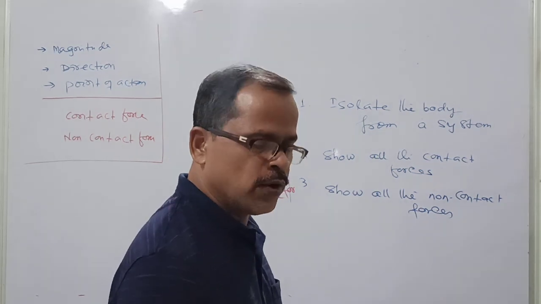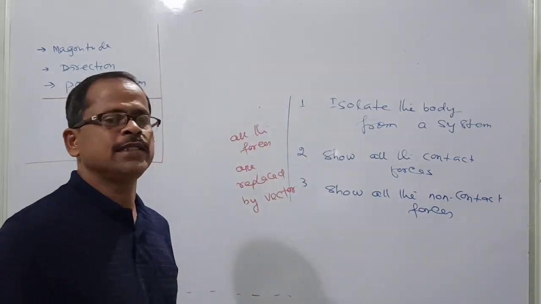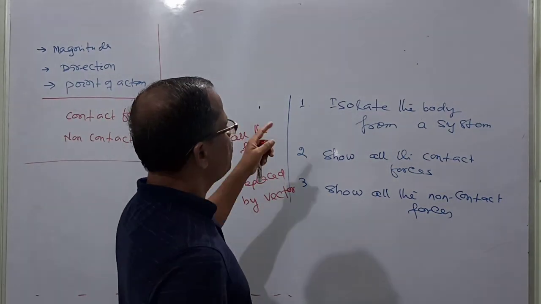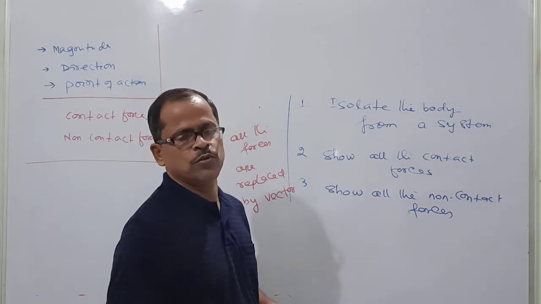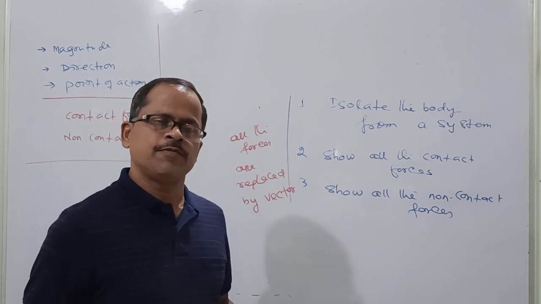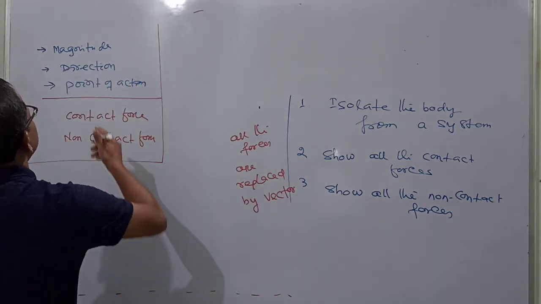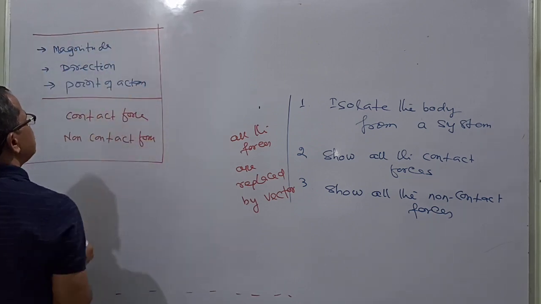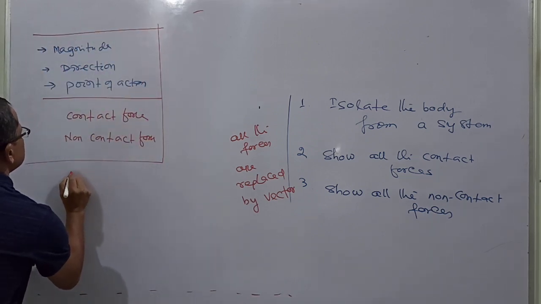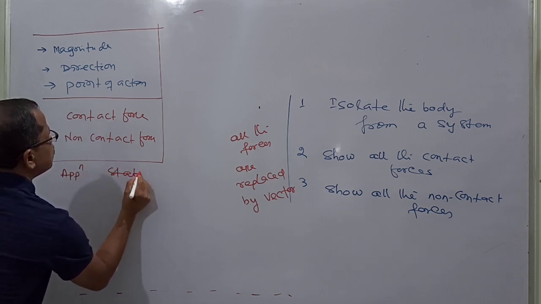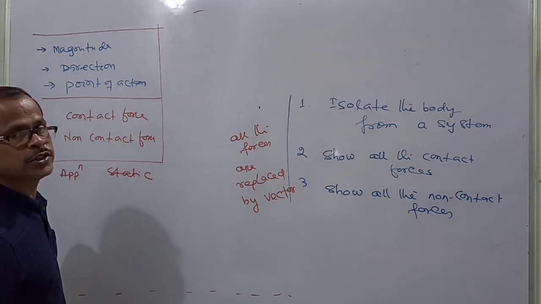Then where do we apply the free body diagram? This concept is applicable to statics problems as well as dynamics problems. Please write that down too. For a static problem, the body may be at rest due to a combination of forces.